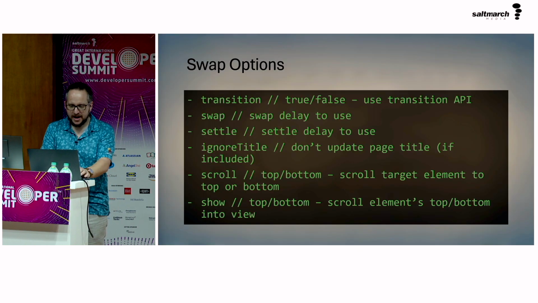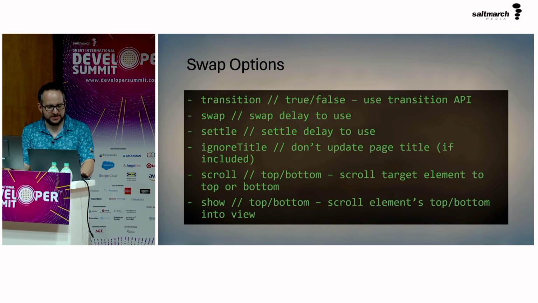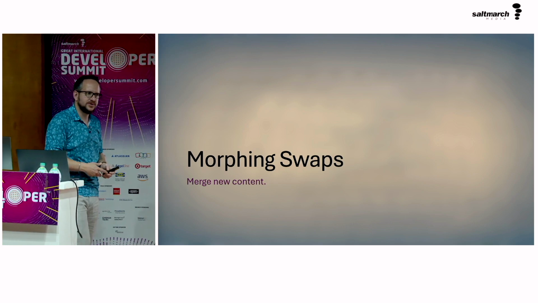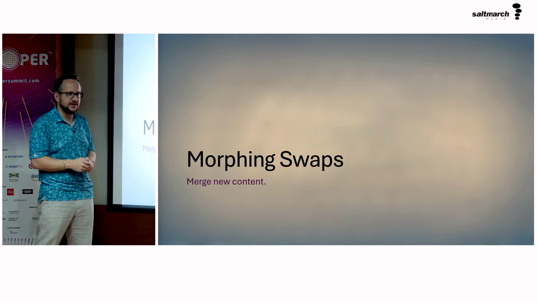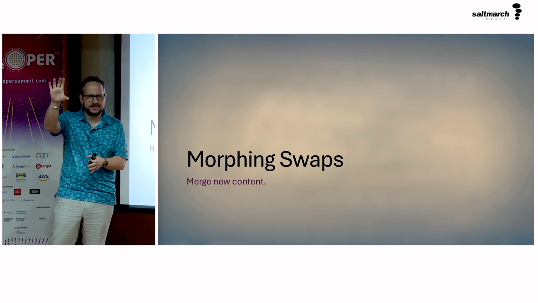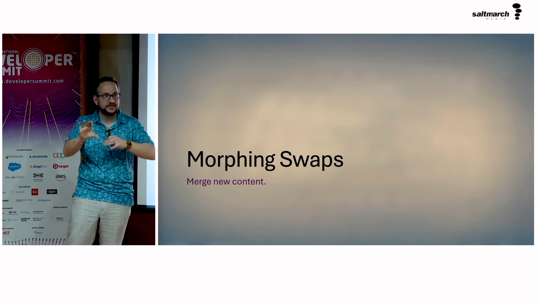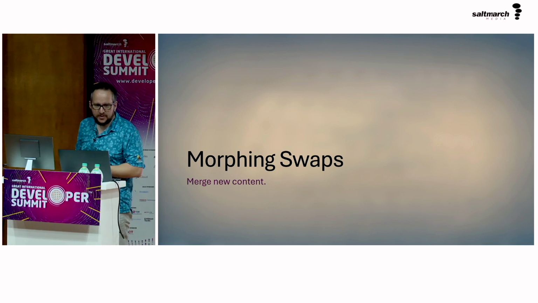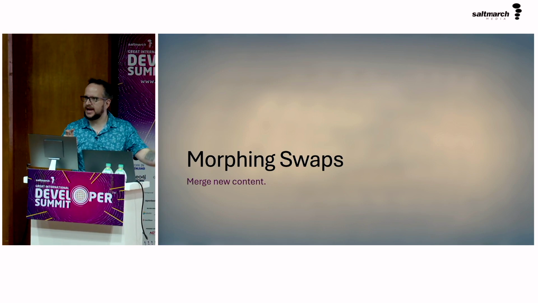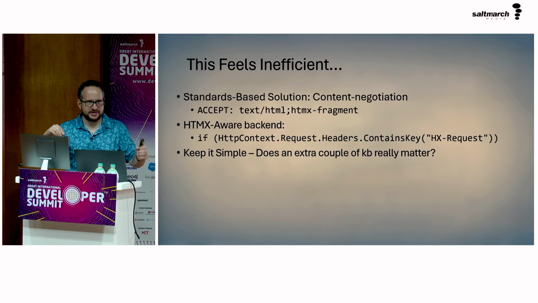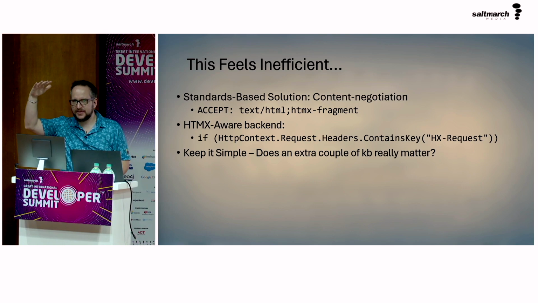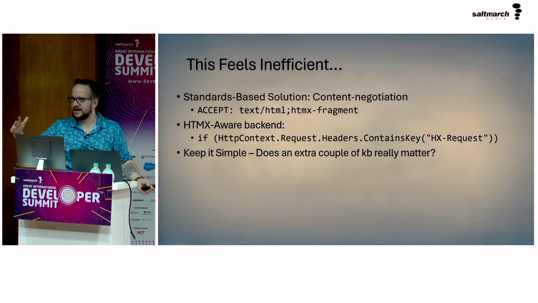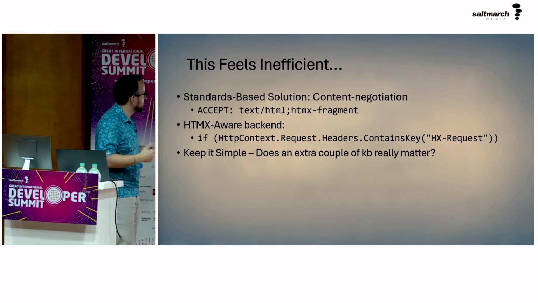But one of the things you can do as well with your swaps is morphing swaps. So you can merge new content in. So it will say, hey, we've already got that, we've already got that, we've already got that. This is new, and put that in there. Now I've got to say with the Ajax select and the Ajax target, if you're getting the whole page back and then throwing away 90% of it, yes, it's inefficient.